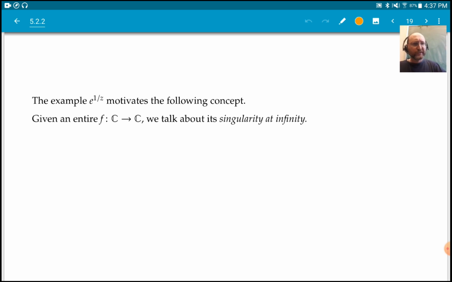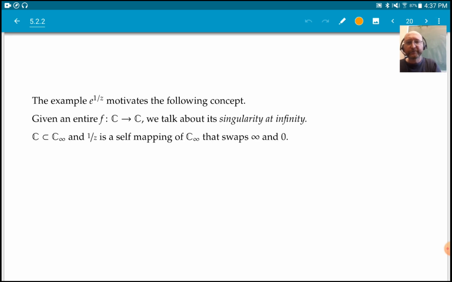You can really do it for a non-entire function, just as long as it's defined in a punctured neighborhood of infinity. So given this f, it's not defined at infinity, but it has an isolated singularity at infinity. Let's just stick with entire functions here.